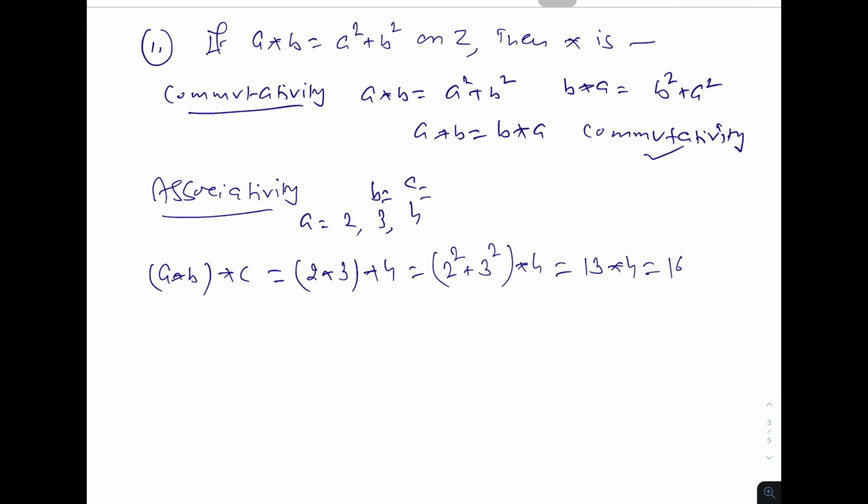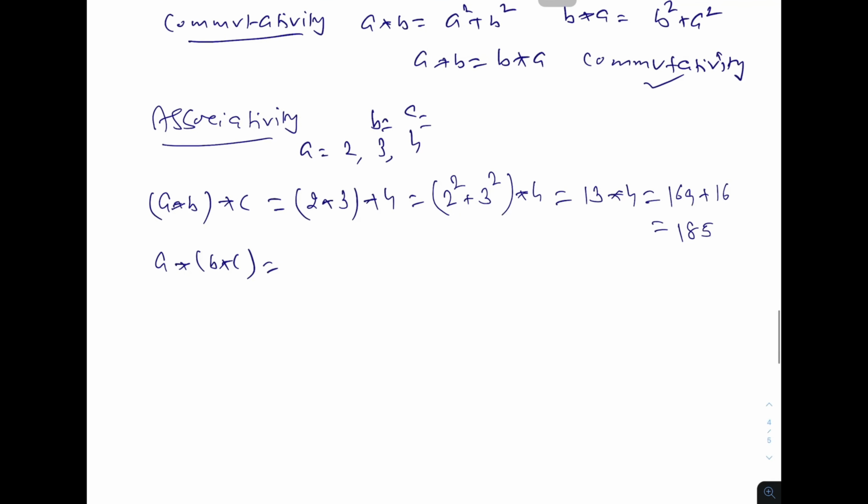So 13 square plus 4 square, and so 185. Then a star b star c: 2 star 3 star 4, 2 star, this is 3 square plus 4 square. 3 square is 9, 4 square is 16.